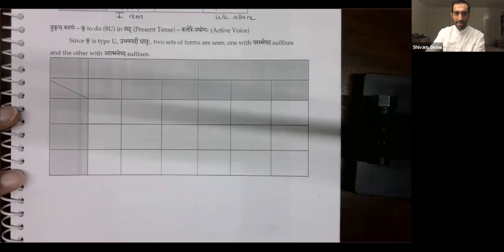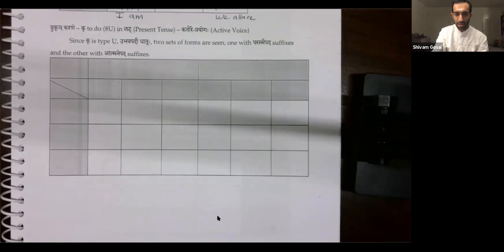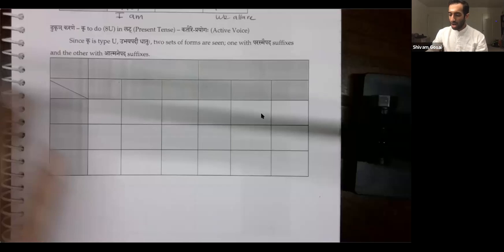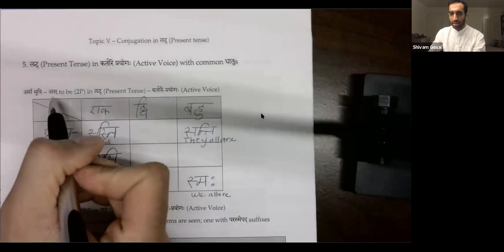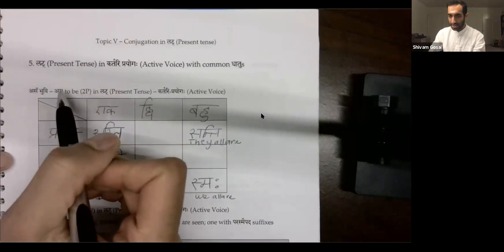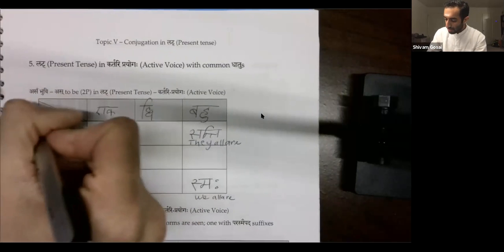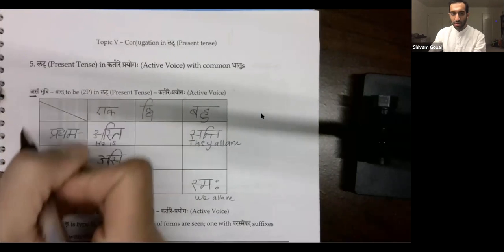Let's go to the next one. Let's go to kru dhatu. And let me know if I need to make my screen bigger if you can't see very well. Someone says on the top, it says as bhuvi. Is bhuvi another word meaning the same? Yeah. This is in the Dhatu Pathah.